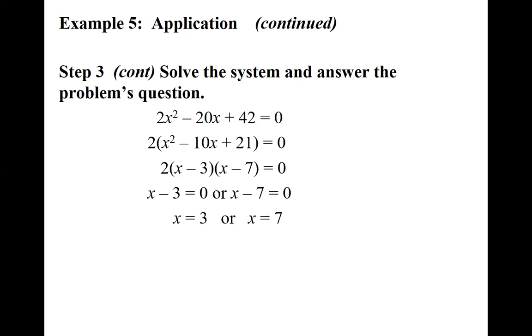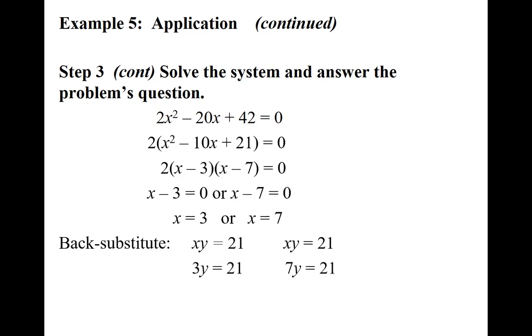So we have two values. We're going to back substitute into xy equals 21. Plugging in the 3, plugging in the 7, solving. When x is 3, y is 7, and when x is 7, y is 3.